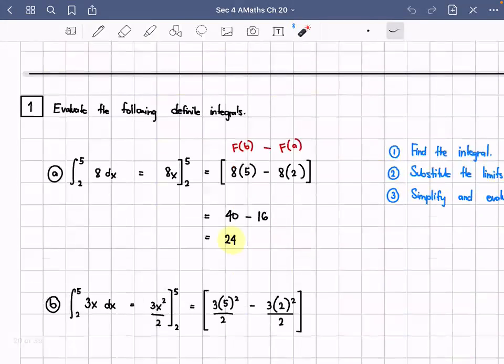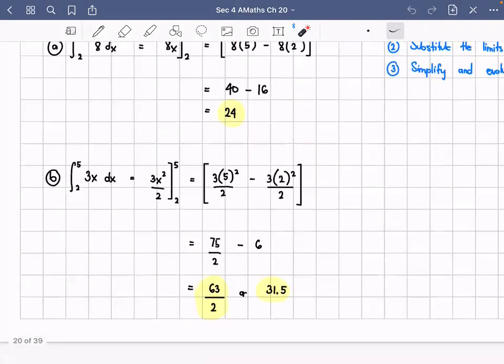So let's say we have the antiderivative of 8 from 2 to 5. We basically get the integral of this, so we have 8x, and then we substitute 5 and 2. The antiderivative at 5 first minus the antiderivative at 2. So that's how you get 24.